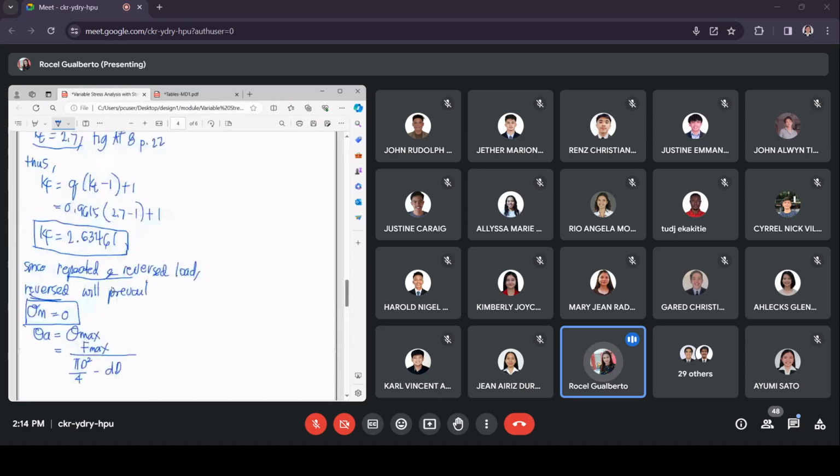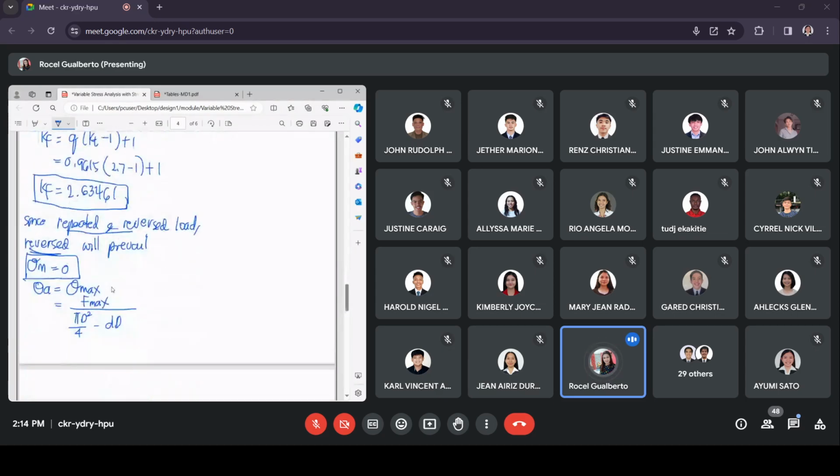So, what are then those values? We have now F max is 10 kips divided by pi over 4 D squared minus D is 0.125 times yung D. So, your sigma A would be in terms of the diameter. So, this would be 10 kips, 10 divided by, what is pi over 4?